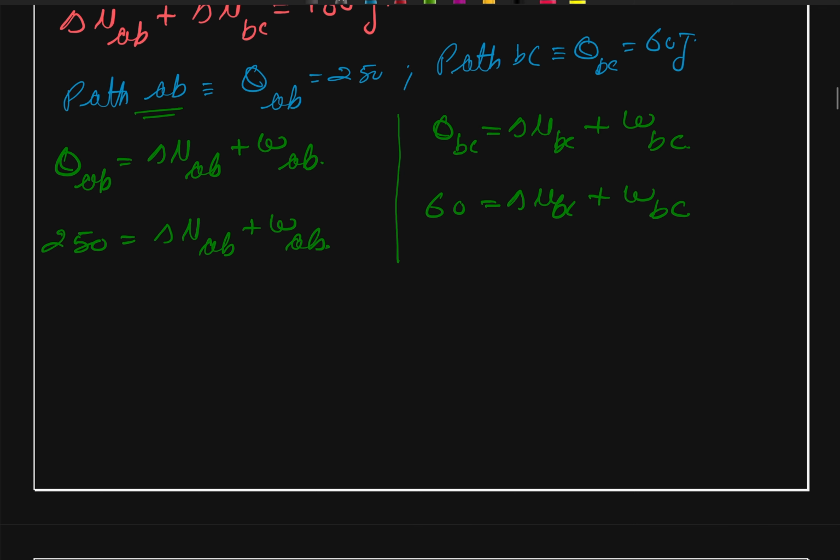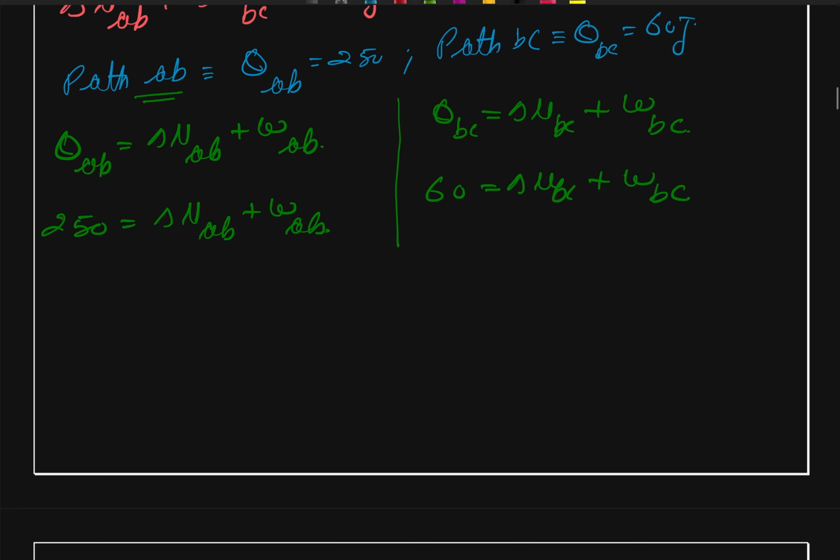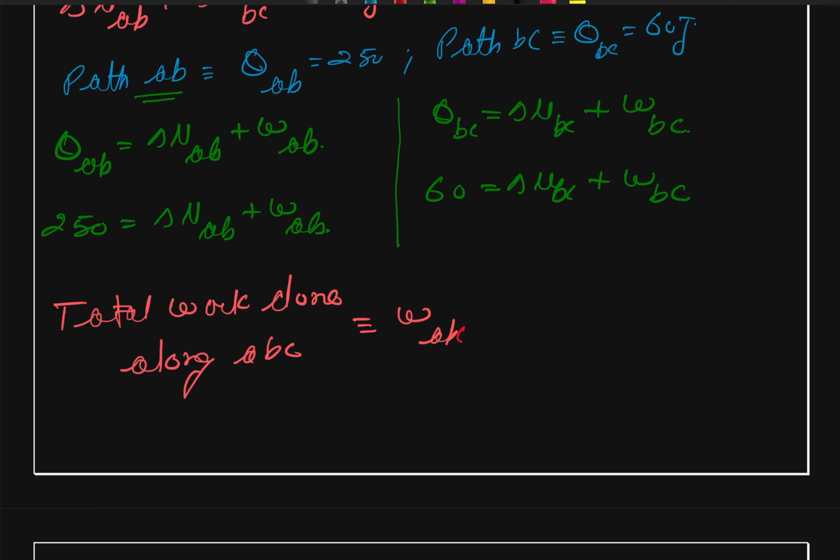And for the total path ABC, we can write that total work done along ABC, let us call this WABC, will be equal to WAB plus WBC.